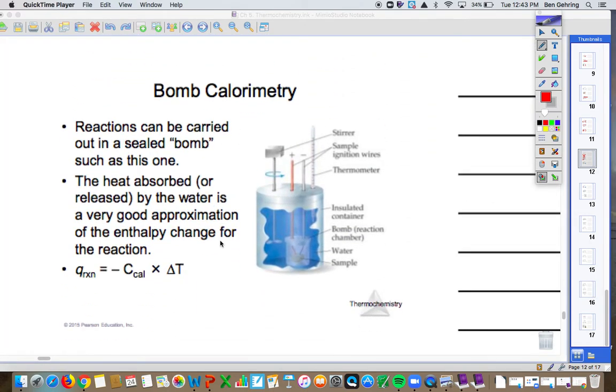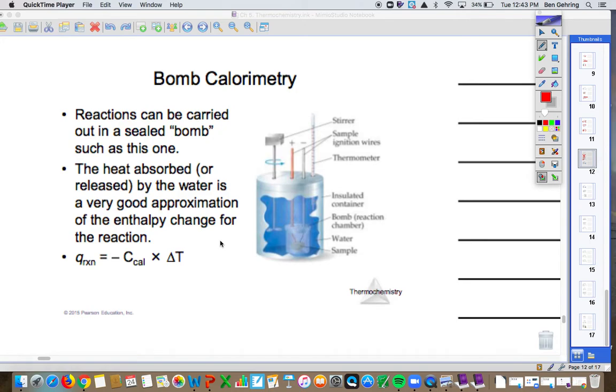We perform a lot of these in what's called a bomb calorimeter. In a bomb calorimeter, we have water on the outside of a substance and we can burn something inside. We have ignition wires up the top that light a spark and set this on fire. This burns and heats up, which then heats the water, and we can measure the temperature change with our thermometer.